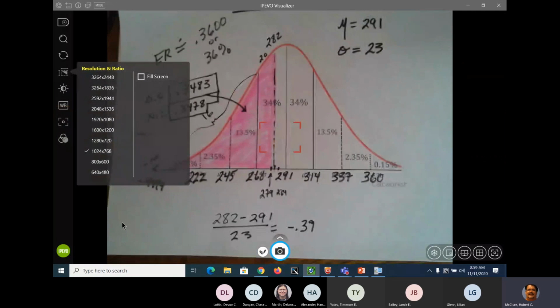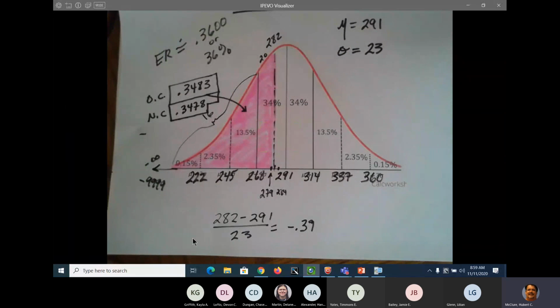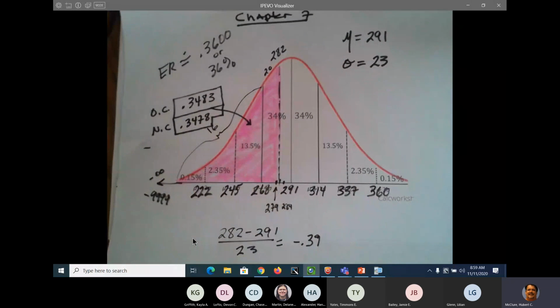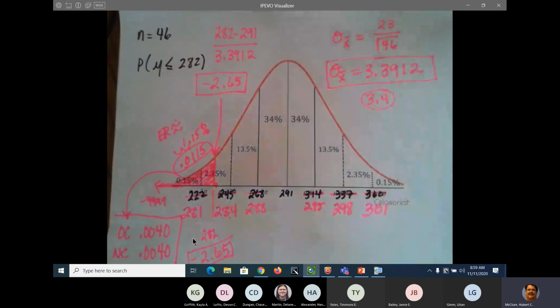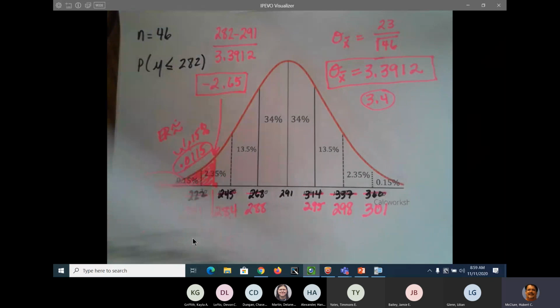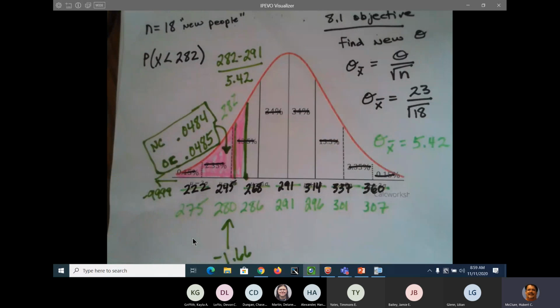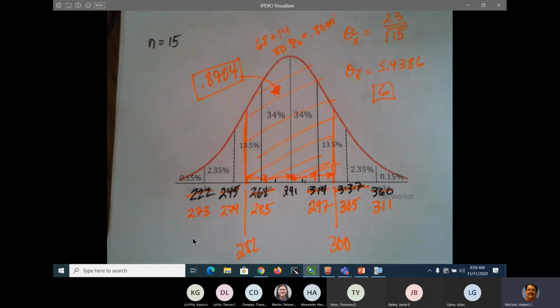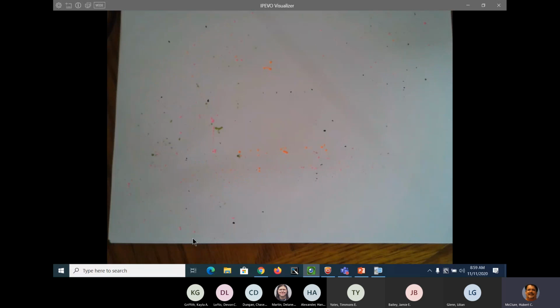There, okay, there's the chapter 7 question. That's the first question. Then they changed it to 46. Then they changed it to 18. And then they changed it to 15. So those are 4 good test questions. If you can do those 4 test questions, you're good for 8.1.